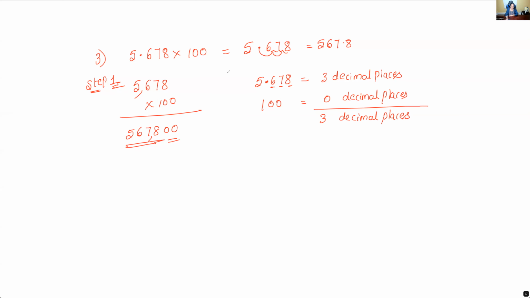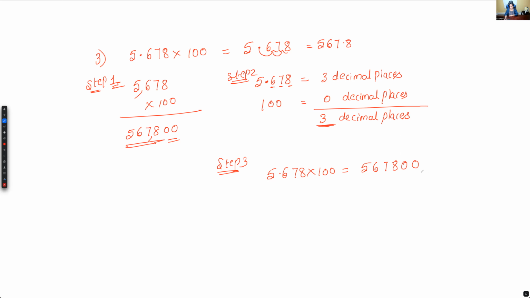So what is our final step? This is step 2 we did now. The final step 3 is nothing but to keep the decimal point. So what is our question? 5.678 times 100. We got 567,800. Now, how many decimal places do we have? 3 decimal places.